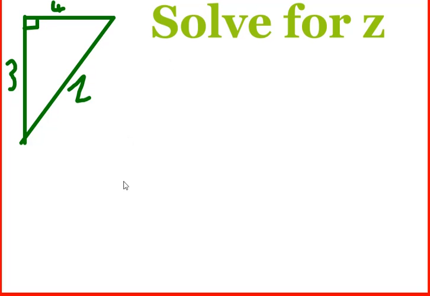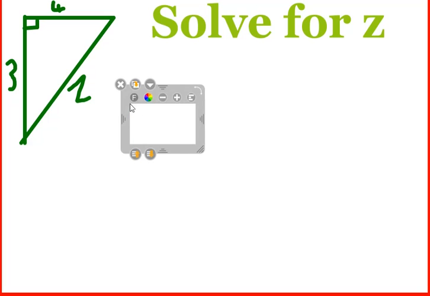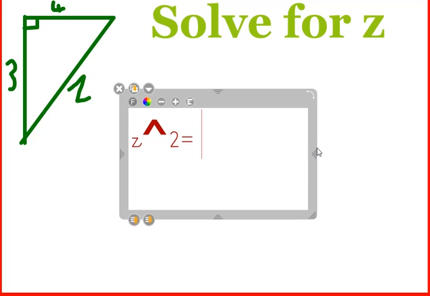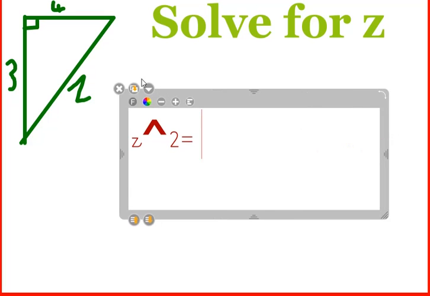In this question, we are asked to solve for z. This is how you'd write it. The formula says z squared. Remember, we're using b because our side was labeled b, but at this moment we are given z as the hypotenuse. So z squared is equal to, because it's the hypotenuse, we add everything because it's always going to be bigger.